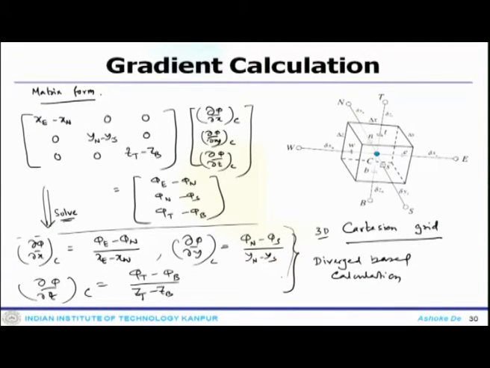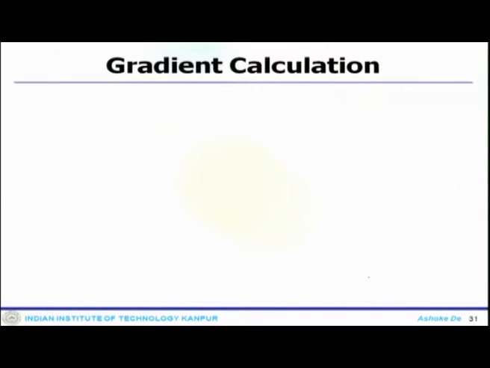So, one can show that this is a special case of least square approximation. Also it can be demonstrated that the accuracy of this resulting gradient is at least first order.